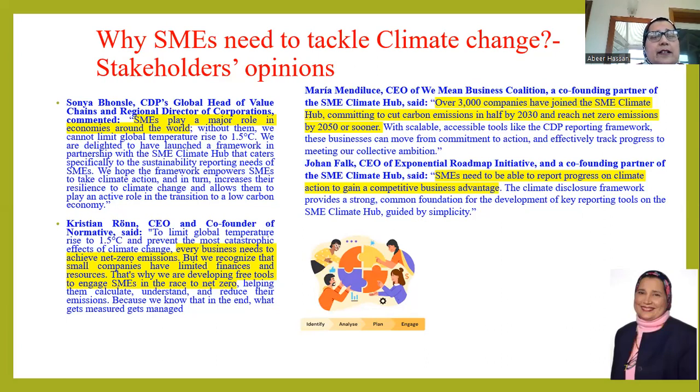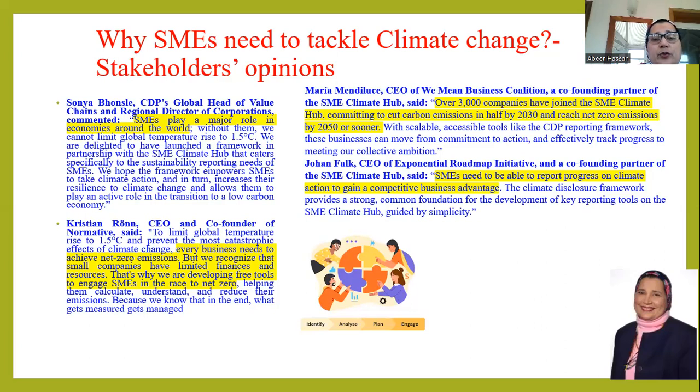For example, Sonia, the head of value chain on corporate and regional director of the corporation, mentioned that SMEs play a major role in the economy around the world, and that we hope the framework will empower SMEs to take action on climate change.